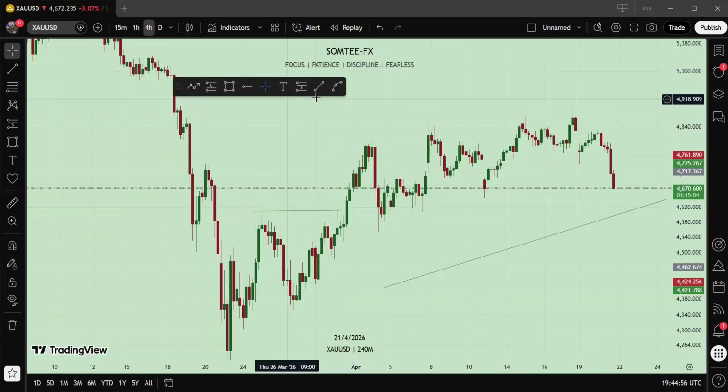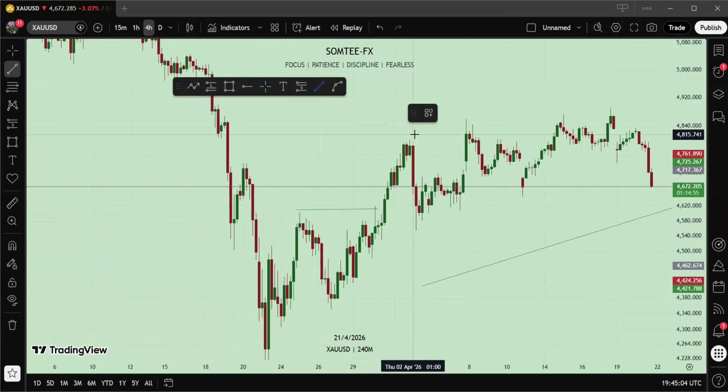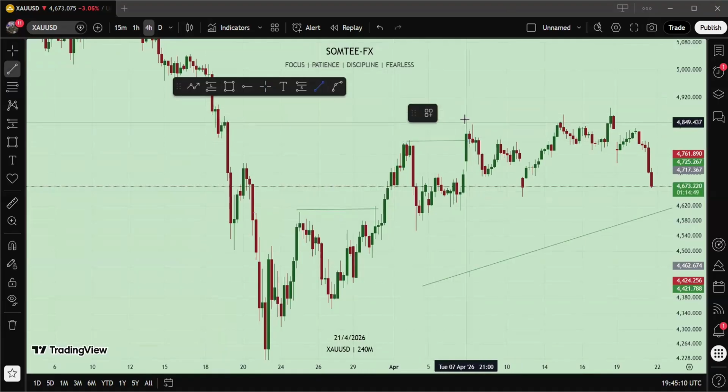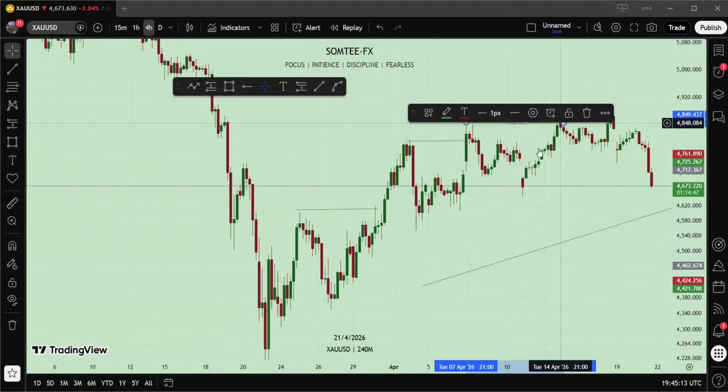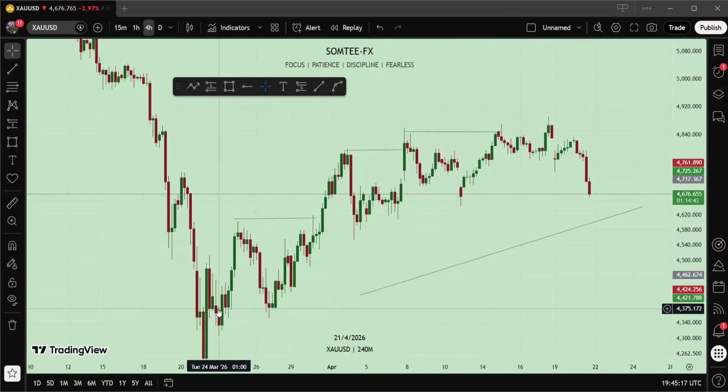That's your break of structure one, break of structure two, and your break of structure three. You see that the market reacted from these two candlesticks.